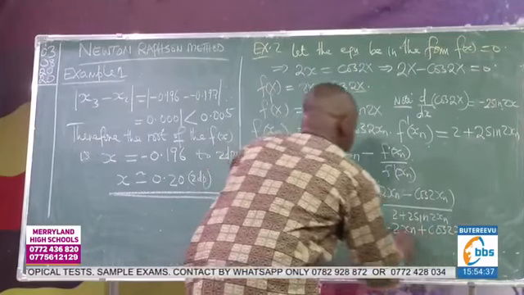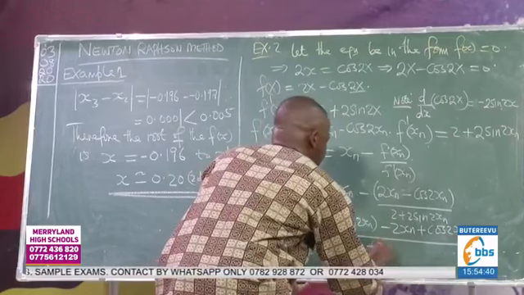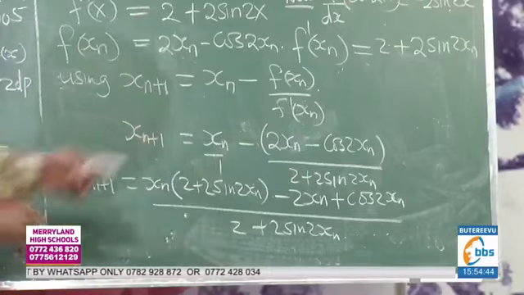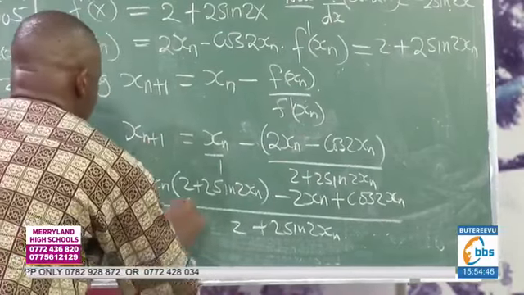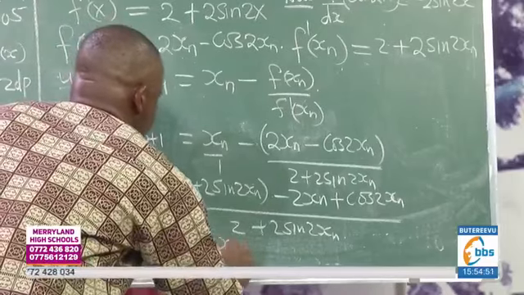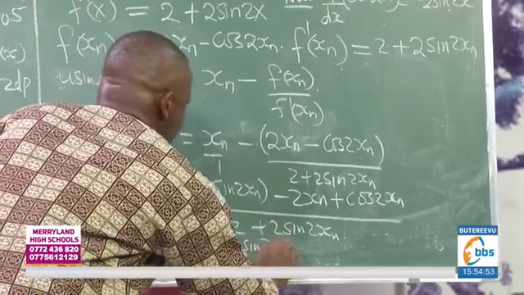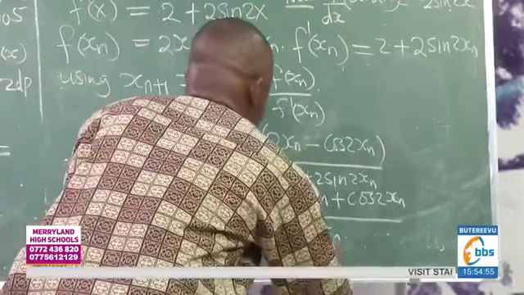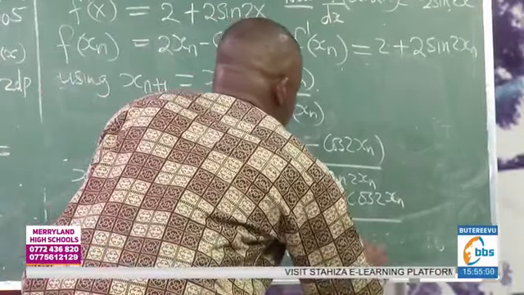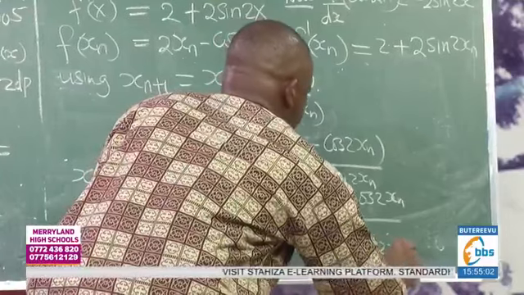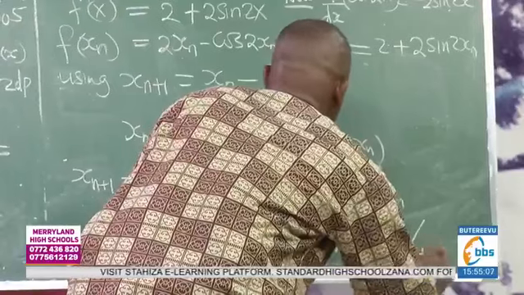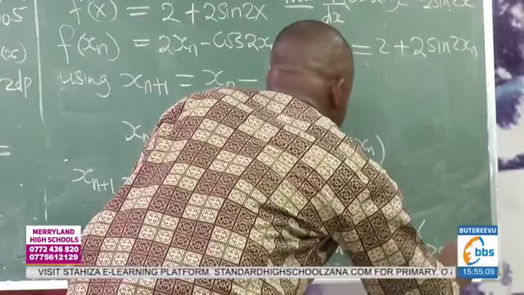The whole of this is now over a common LCM. What follows is opening brackets. We have 2xn plus 2xn sine of 2xn, minus 2xn, plus the cos of 2xn, because I already removed the brackets, over our 2 plus 2 sine of 2xn.